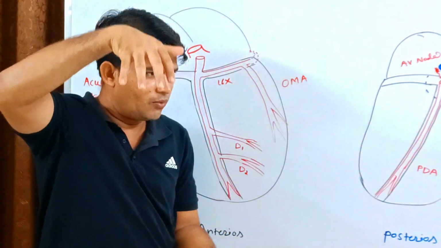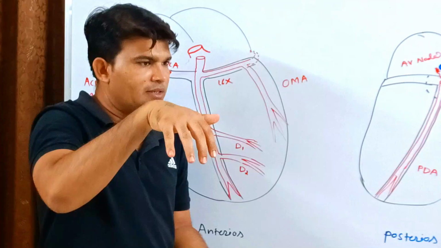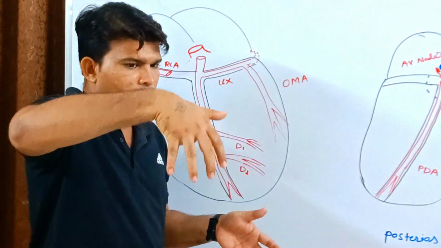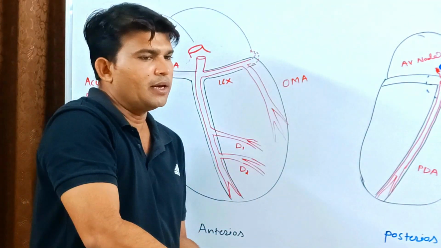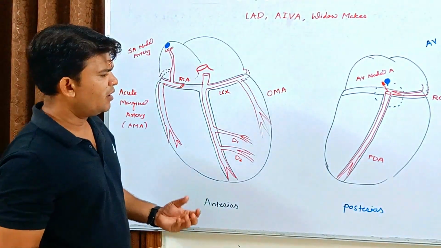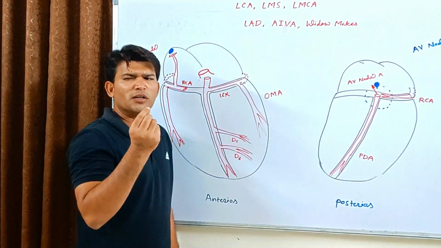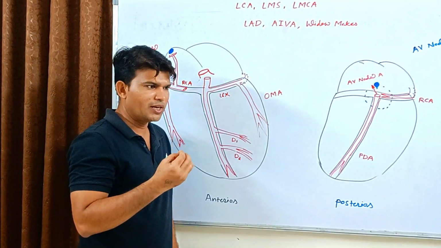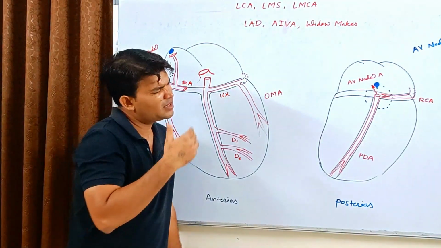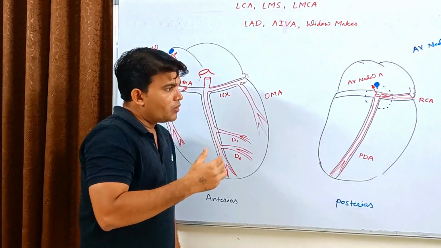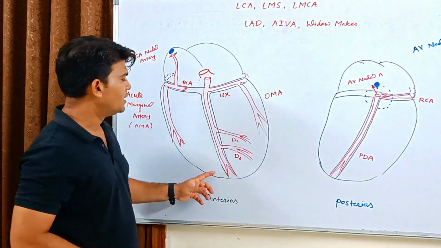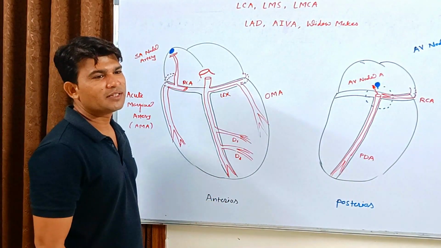Diagonal 1 and diagonal 2 are branches of the LAD that go downward inferiorly and make anastomosis with the PDA. But the anastomotic arteries are very few, so they cannot prevent infarction.